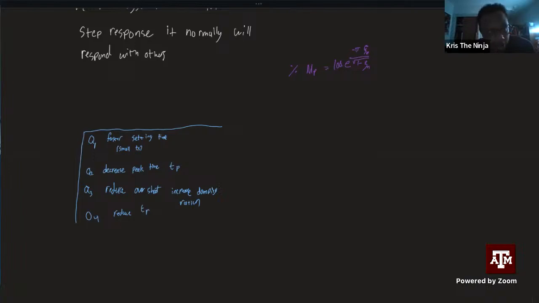So we're actually almost done. The only thing that I haven't covered so far is root locus and digital control systems. So we're going to cover the root locus and stuff real quick.